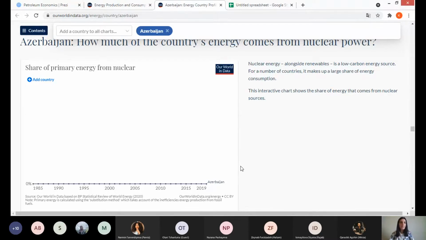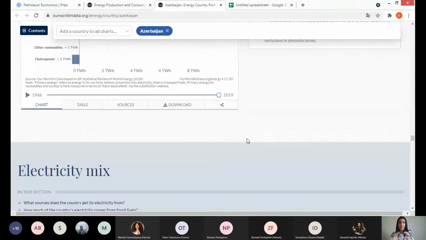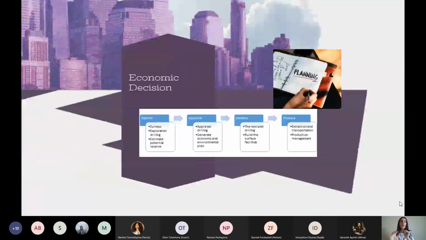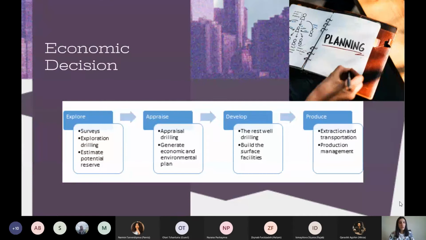So guys, now we can start with petroleum business, some economic decisions. If you're petroleum engineering students, I think you already know about this, but I would like to mention it once again, because maybe some of you don't have any information.